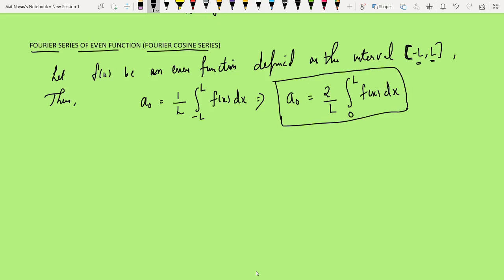If L equals pi, you can use that form. So this is A naught.